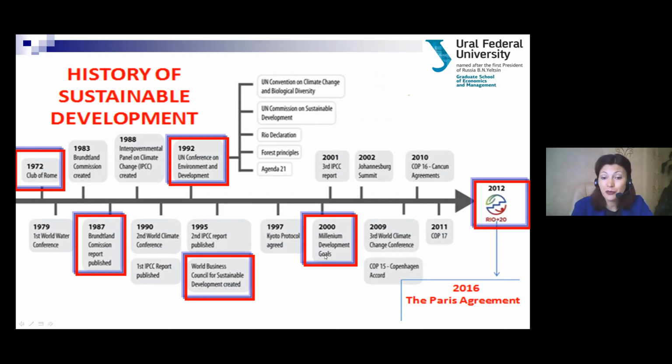UN Millennium Development Goals were developed and published in 2000. And a lot of businesses were hoping that it was actually going to help. But the problem was that those development goals were really, really vague. And nobody was sure if they were going to change the world. It was more about the United Nations and the country level, and less about real business impact and real organizations.